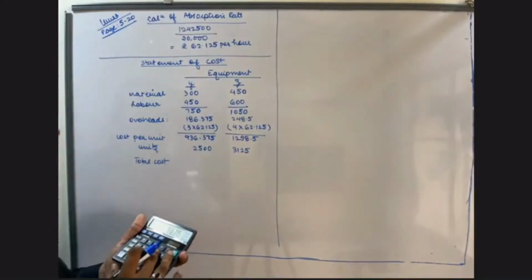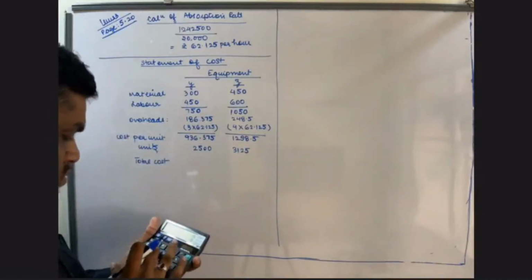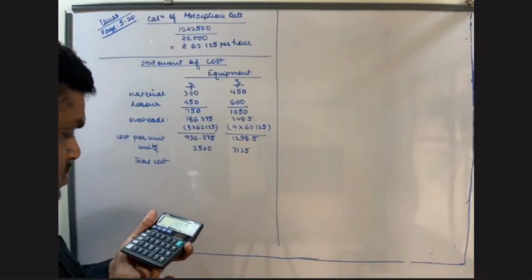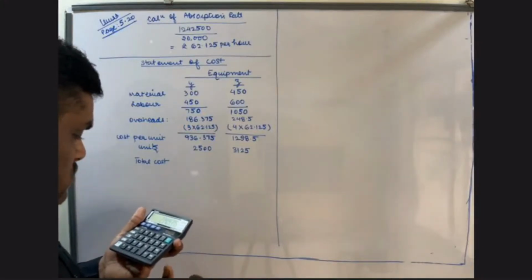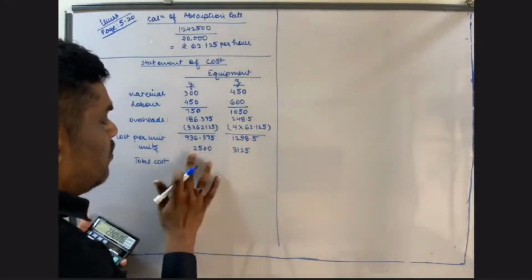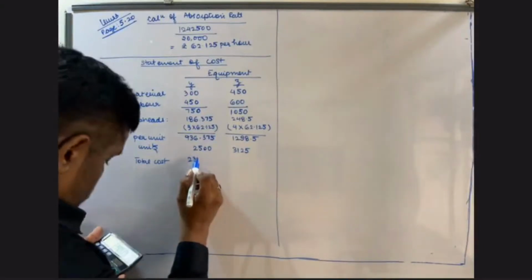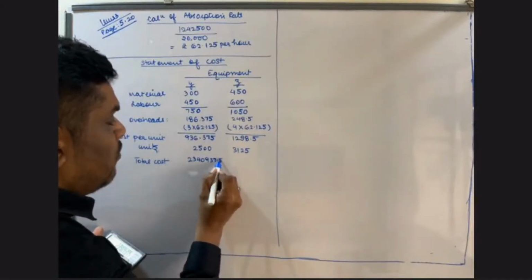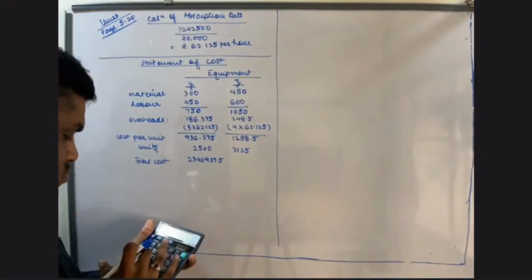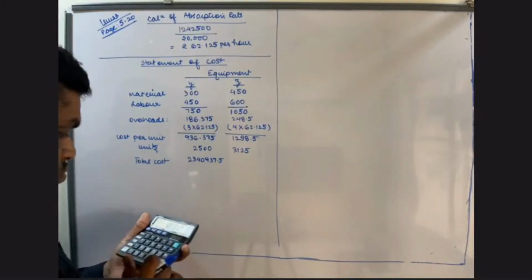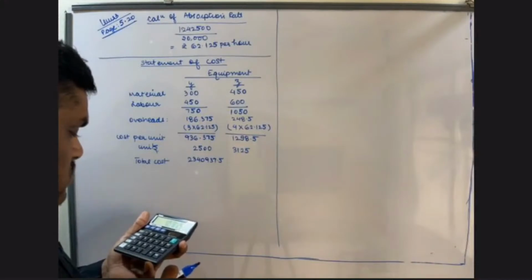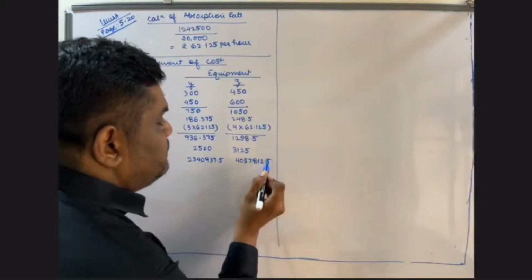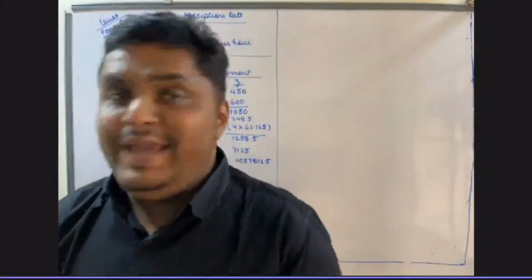So this is how the total cost will be calculated using traditional costing.